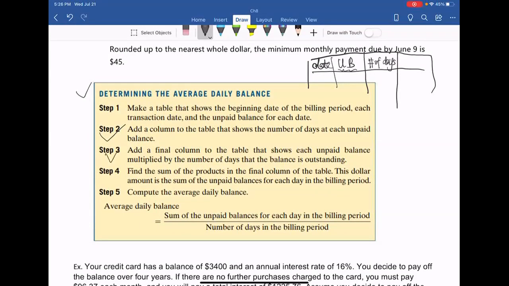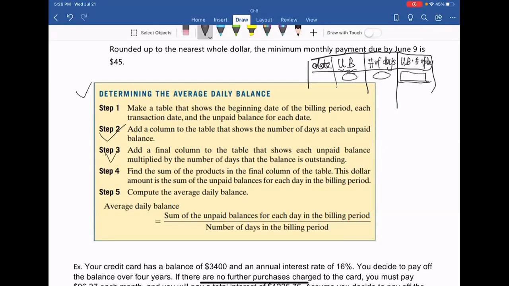And the next step, add the final column to the table that shows each unpaid balance multiplied by the number of days that the balance is outstanding. So for this column, you use unpaid balance times number of days. You multiply this number by this, and you get this.